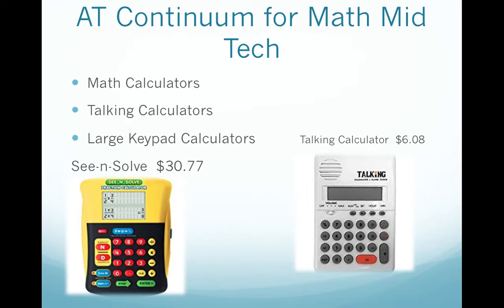Here I have a picture of a See-and-Sol graphic calculator for $30.77, and then a basic talking calculator for $6.08. Of course, you can also get large keypad calculators that talk and ones that do not talk. And those are just basically standard kinds of equations, no high-level math for those.